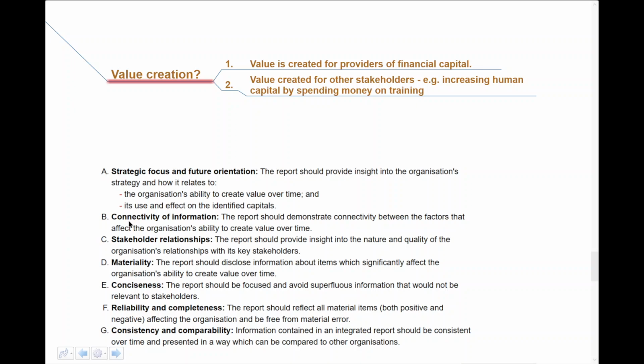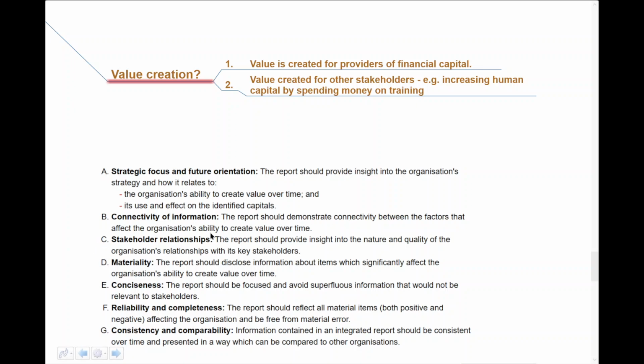In terms of the next area, connectivity of information. So what we should do is make sure that linking between different areas is done. The report should demonstrate how different areas are connected. For example, let's say human with financial. Let's say financial with manufactured.